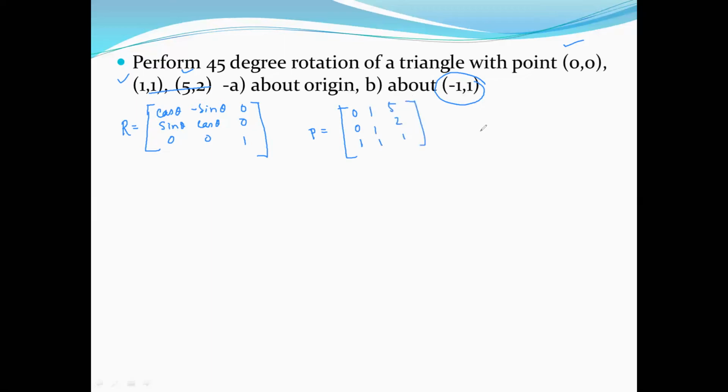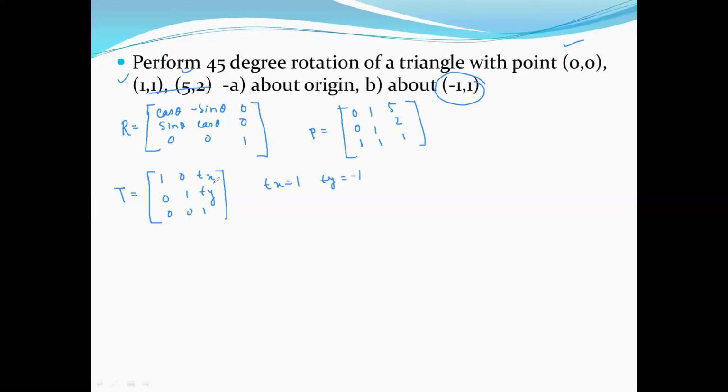Okay. And the translation matrix T will be 1, 0, Tx, 0, 1, Ty, and 0, 0, 1. First we have to translate this point to the origin. If I want to translate this point to the origin, what should be the Tx? The Tx should be 1 and Ty should be minus 1.